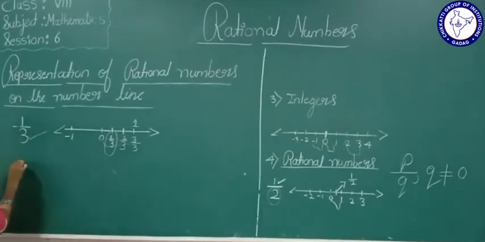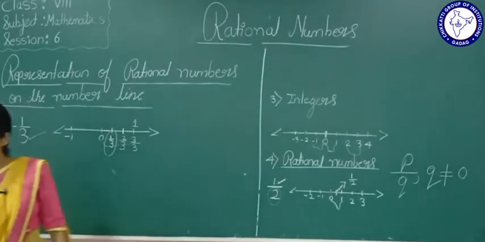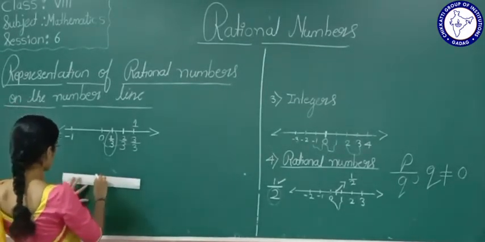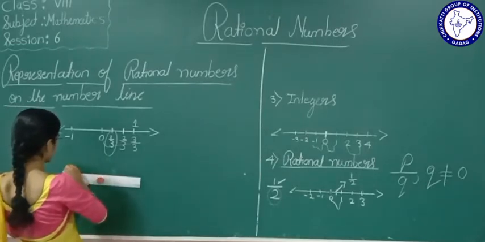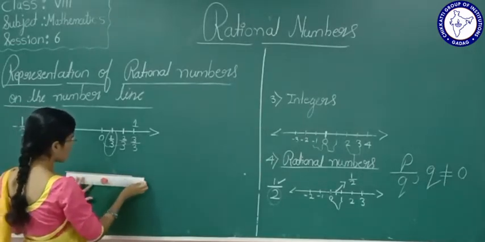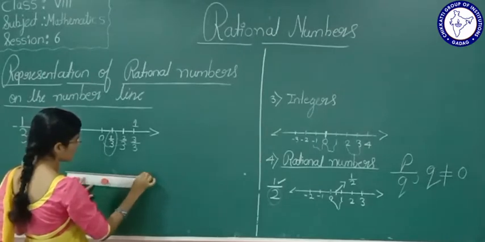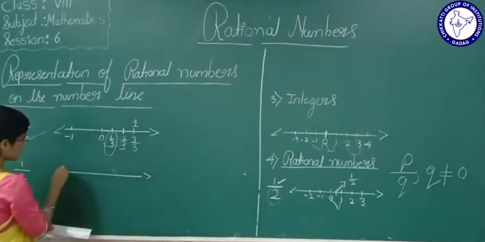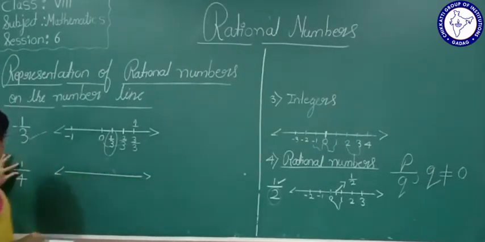Next we will see how to represent 1 by 4. Students, do it in your fair book. Try it. Draw a number line. I told you how to draw a number line. Don't draw a rough number line. See, definitely 1 by 4 will lie between 0 and 1.